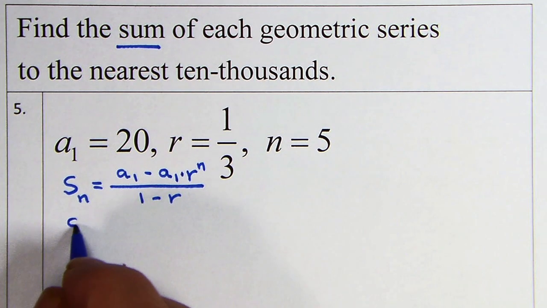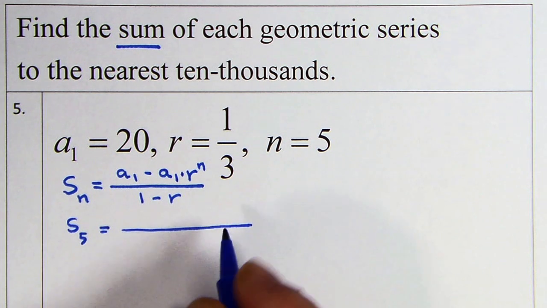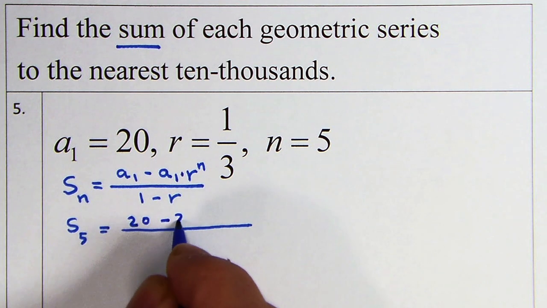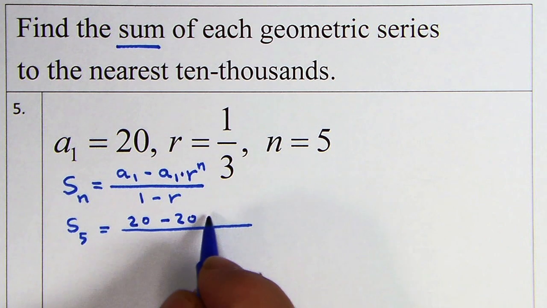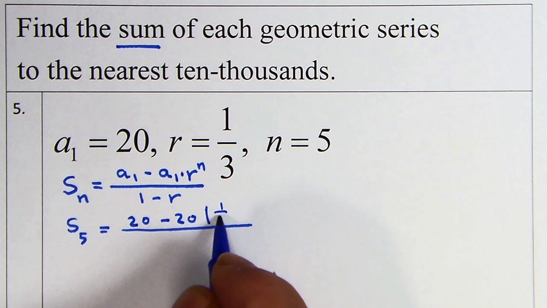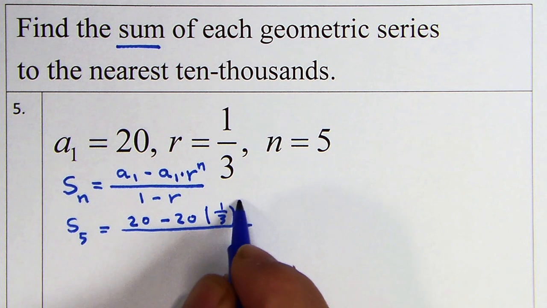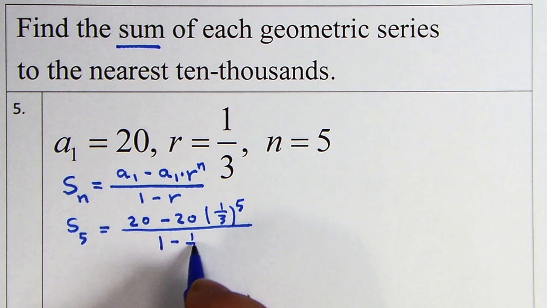So the sum of the 5 terms will equal 20 minus 20 multiplied by 1 over 3 to the power 5 over 1 minus 1/3.